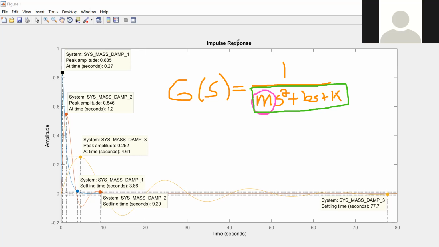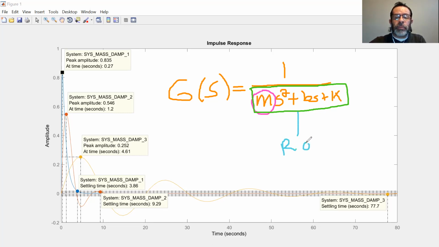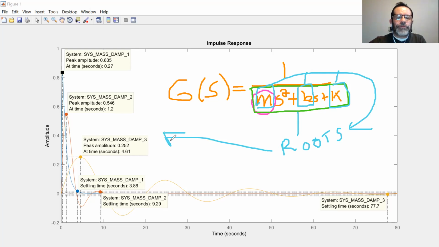And so what we're going to eventually get at is the roots of this polynomial. And the roots are going to be defined by these three values, which are going to directly have to do with the behavior of the system. So by finding the roots of the polynomial, I know how the system is going to behave.